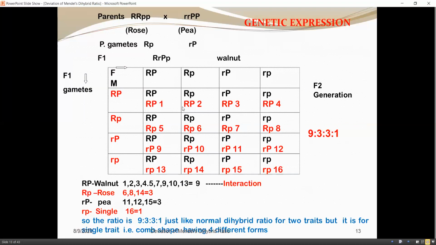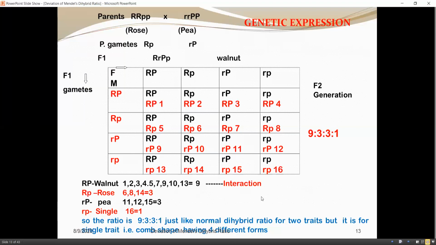The combinations are 1, 2, 3, 4, 5, 7, 9, 10, and 13. Then 6, 8, and 14 are combinations in which there is a capital R but capital P is not present: rose comb. And 11, 12, and 15 are pea comb, and 16 is the single comb.